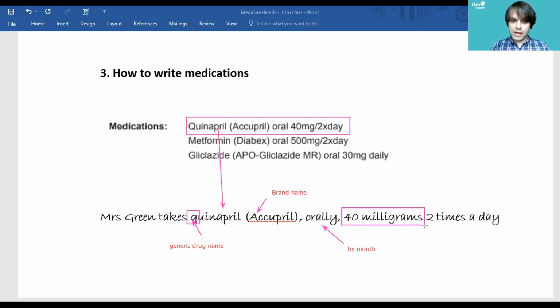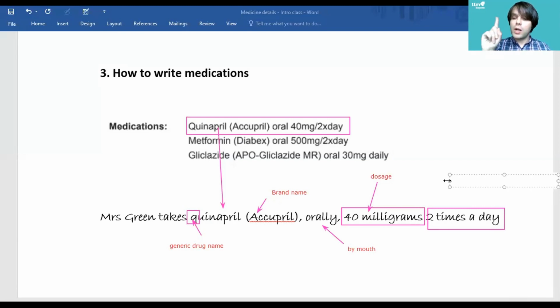Someone has a question. Yes. Should we write both brand and generic name? It doesn't matter. Use whatever you have, if you have in the case notes both the names. I think this is how I decided to do it because I thought it was logical, but I don't think it's very important.